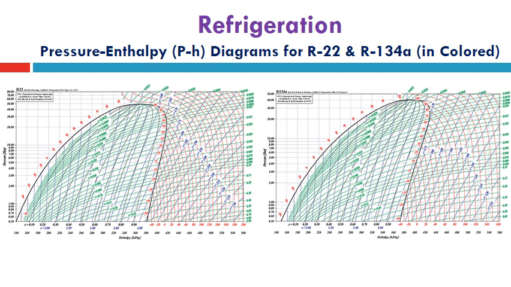It means it contains hydrogen, chlorine, fluorine, and carbon. So the presence of the chlorine atom in R22 has made it go out of service in recent years due to its chemical composition if compared with R134A, as will be discussed in this lecture.